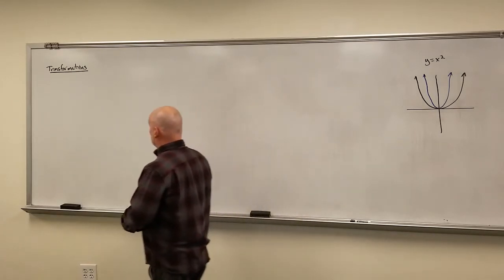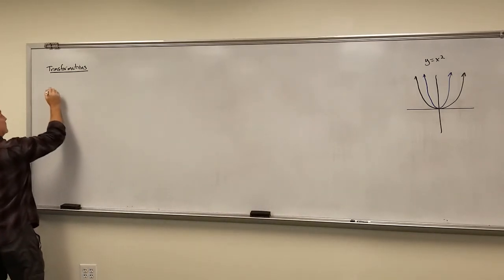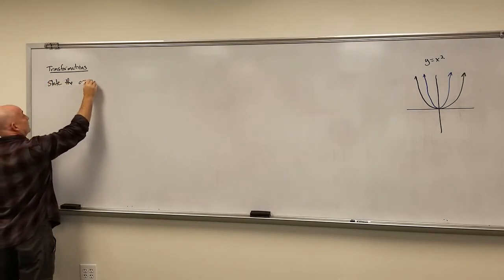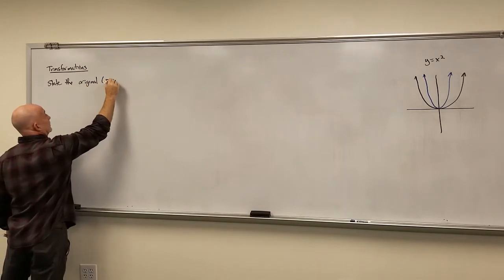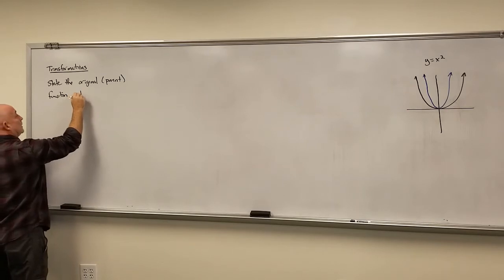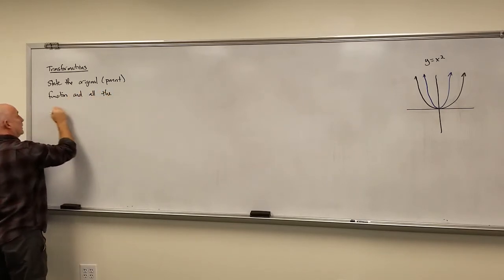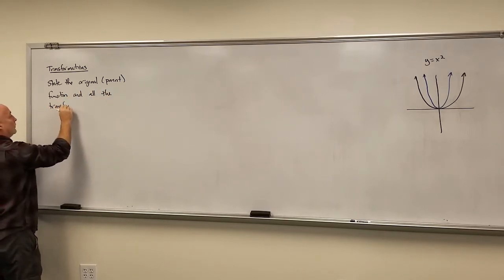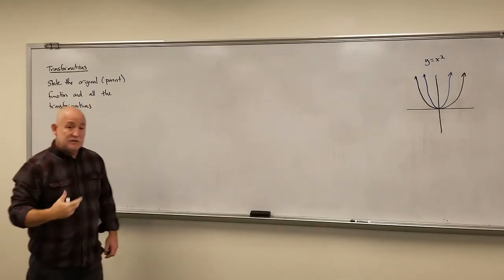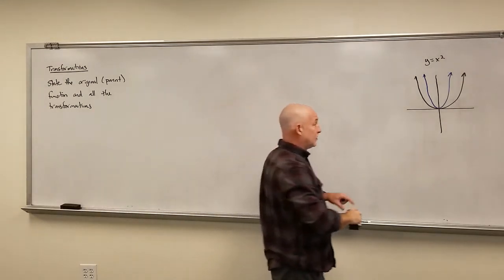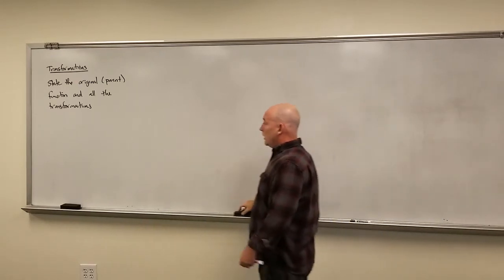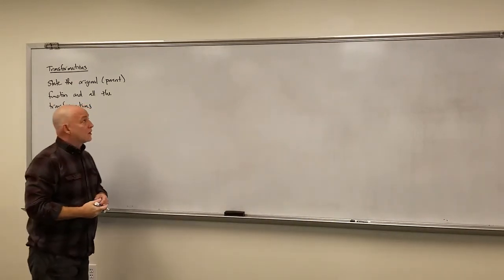The directions for the next couple are going to say, state the original or parent function, some textbooks use the word parent here, and then state all the transformations that occurred to it.